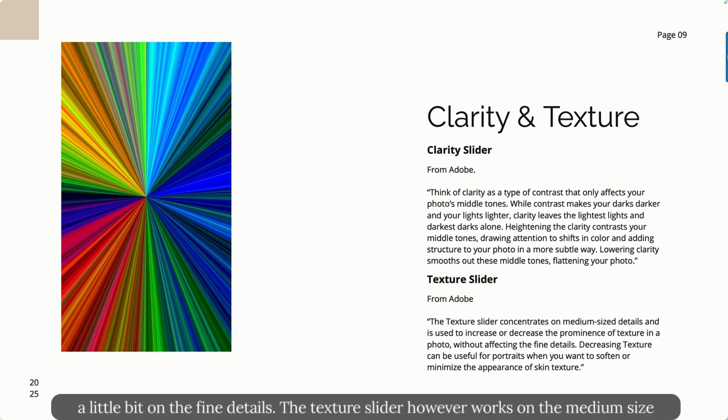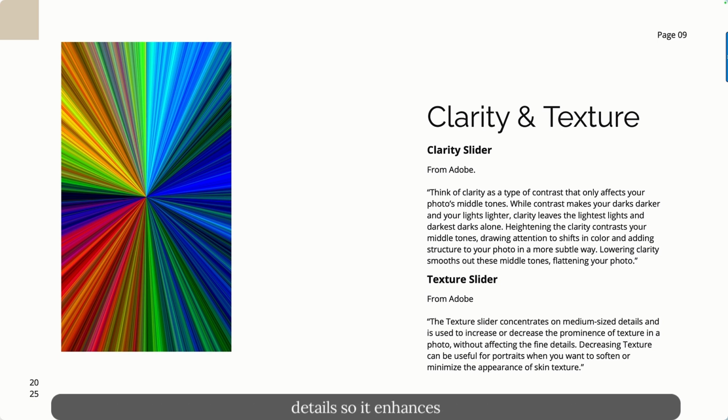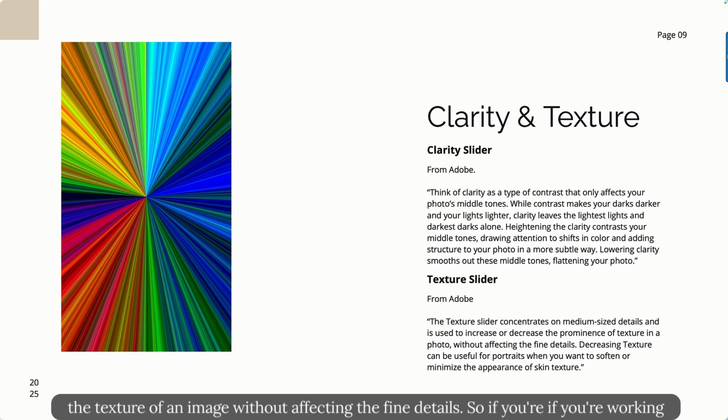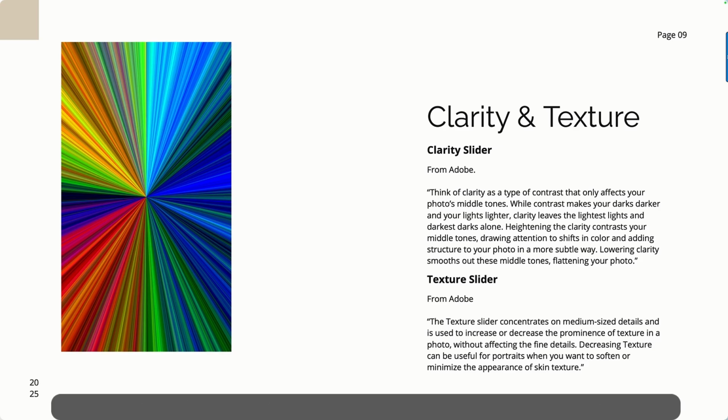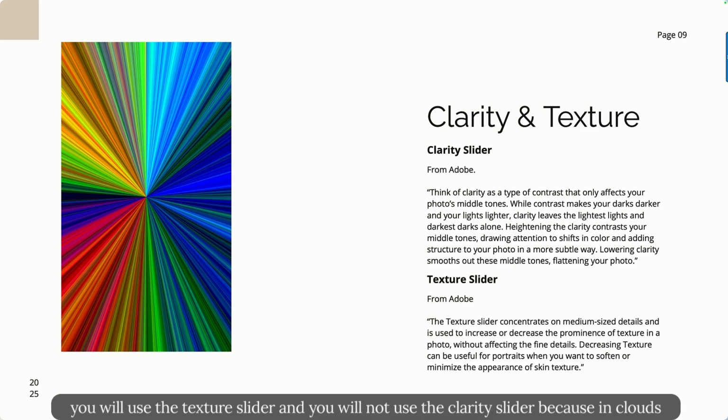The texture slider, however, works on the medium-sized details. So it enhances the texture of an image without affecting the fine details. So if you're working on clouds, you will use the texture slider and you will not use the clarity slider, because in clouds you don't have too much fine detail, but you have medium-sized details.